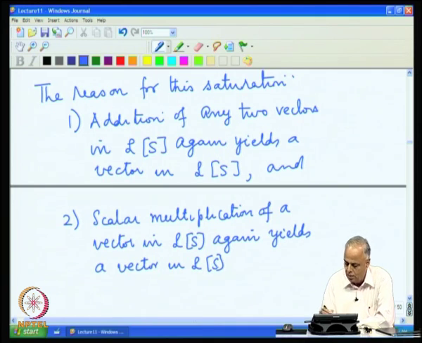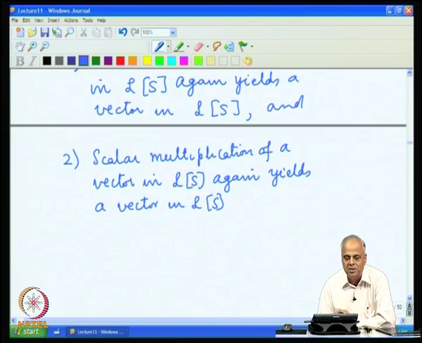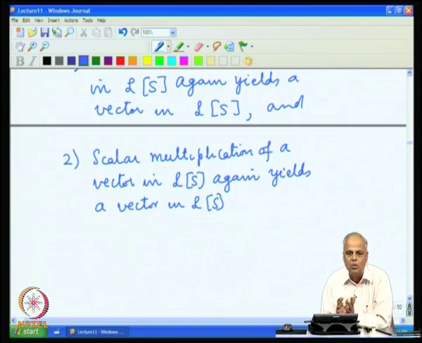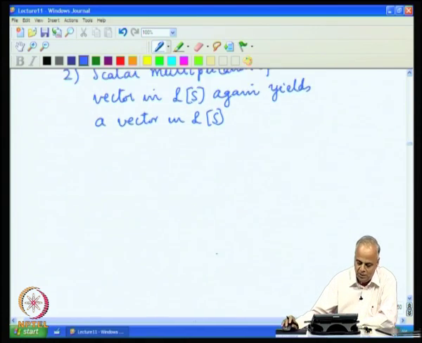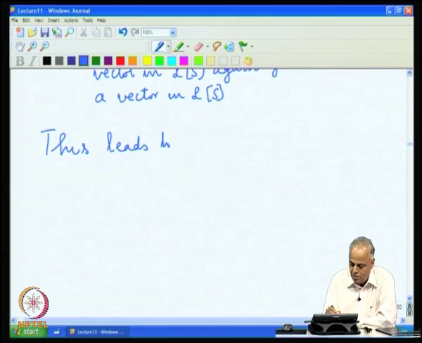So, thus there is a certain amount of solid wall created about LS that you cannot penetrate out of the wall by using these basic operations of vector space, addition and scalar multiplication. So, we simply say LS is closed with respect to addition and scalar multiplication. You can't open the door and get out by using only scalar multiplication and addition. This leads to the following notion of subspaces. This leads to the following definition.